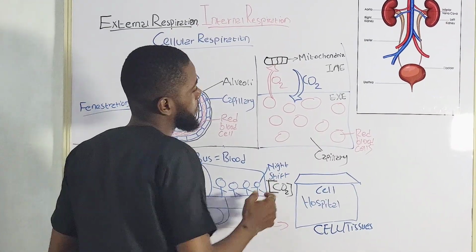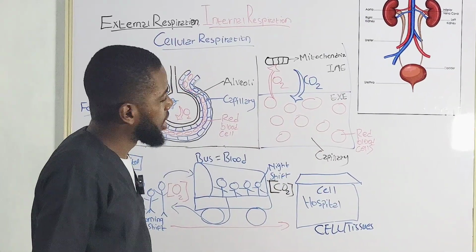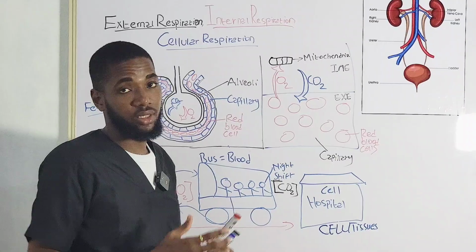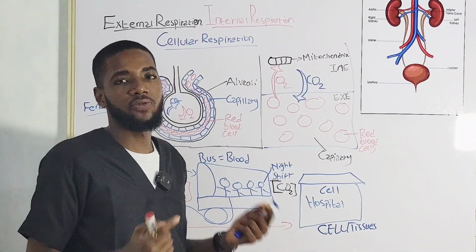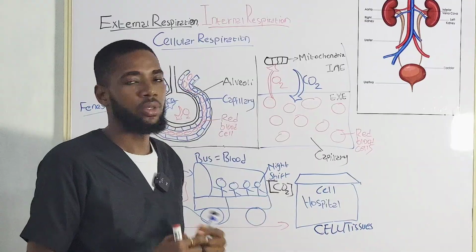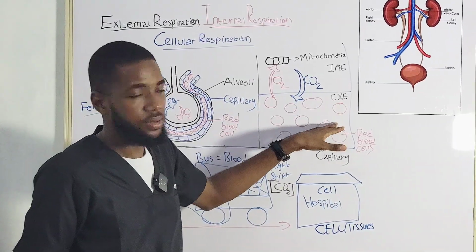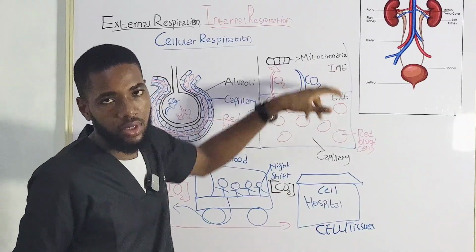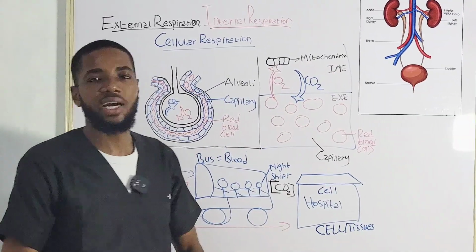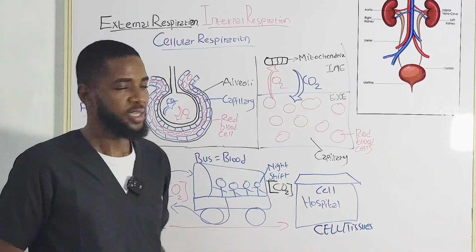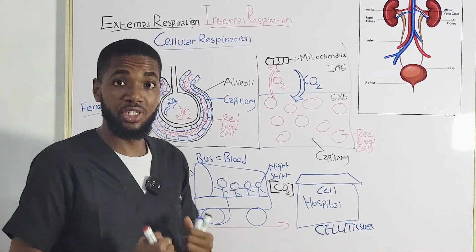Now, you arrive, you are the red blood cell. Internal respiration is simply the exchange of gaseous molecules between the blood and the cell. So you are arriving at the hospital completely charged, ready for work, just like that red blood cell that is rich in what?